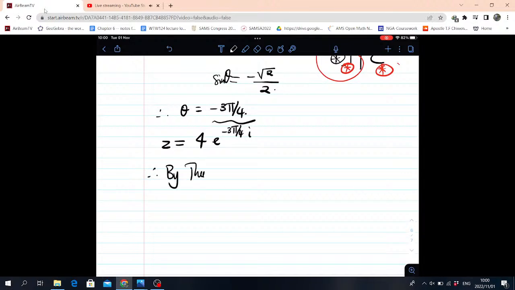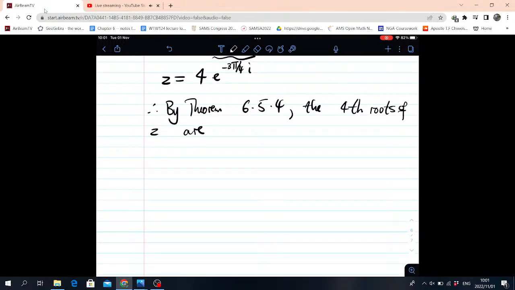So by theorem 6.5.4, the fourth roots of z are going to be w_k, where the modulus is the fourth root of 4, or maybe let me just write it as 4 to the minus a quarter, which means it's just the fourth root of 4, times e to the i times minus 3 pi over 4, so that is our theta, plus 2k pi, and then we divide throughout by 4.